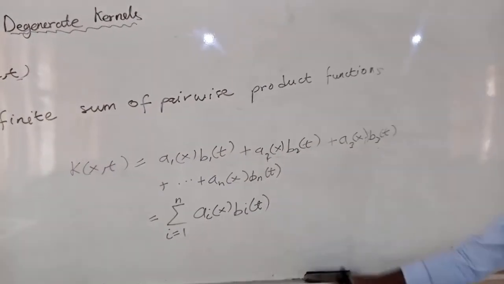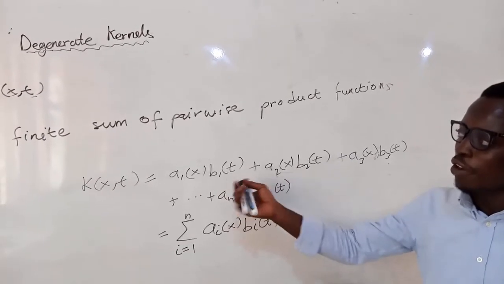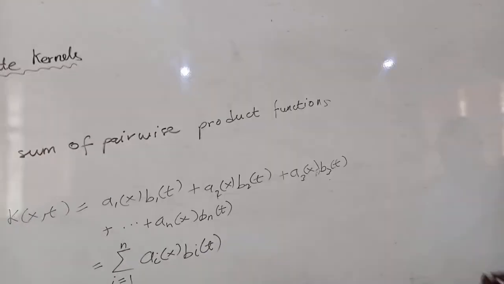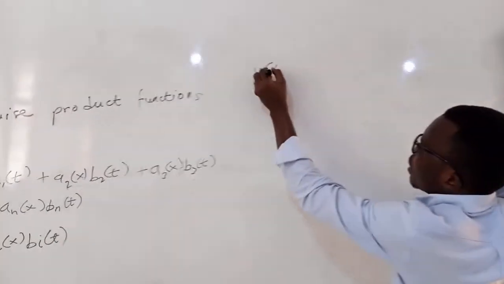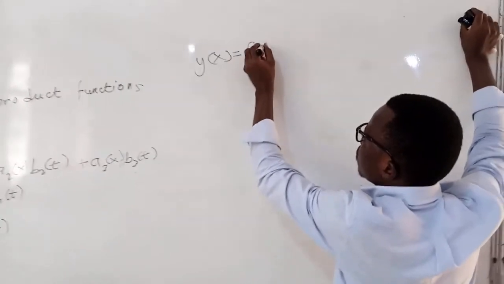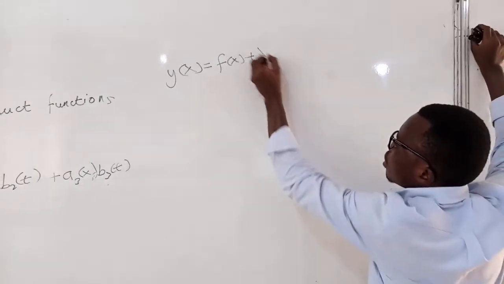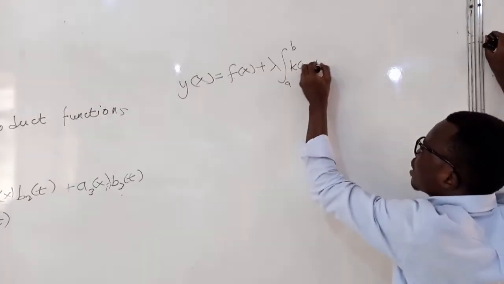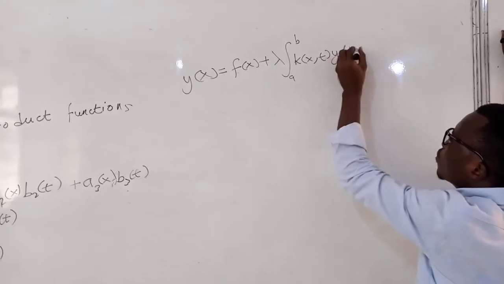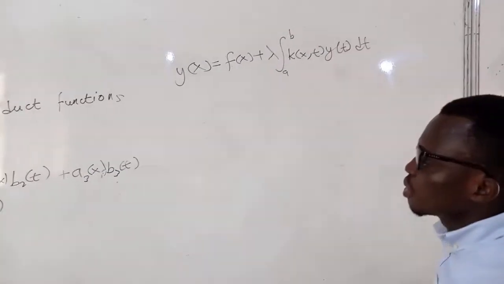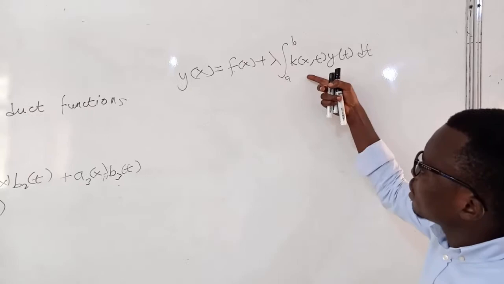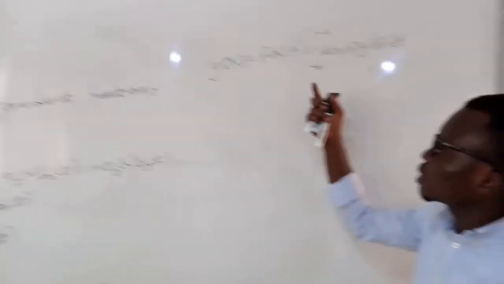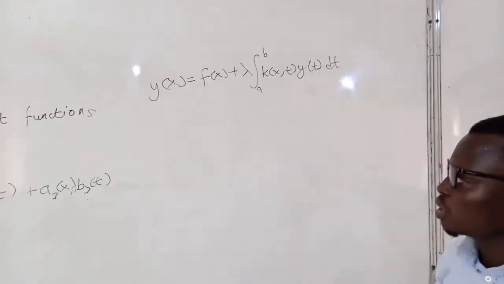Okay, I'm going to use this to solve a Fredholm integral equation. So given a Fredholm integral equation, y of s equals f of s plus lambda integral from a to b of k of s,t, y of t dt. Now let's substitute this kernel, which is called a degenerate kernel, into this Fredholm integral equation.